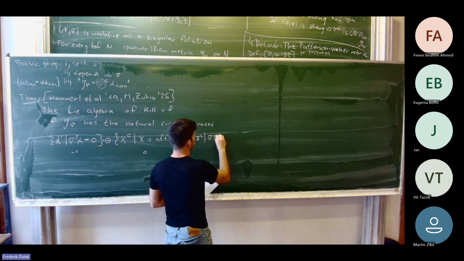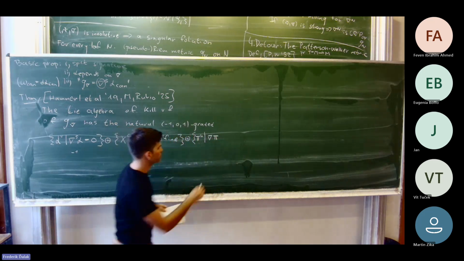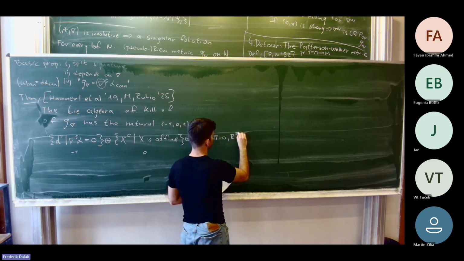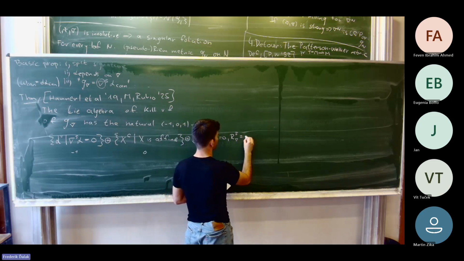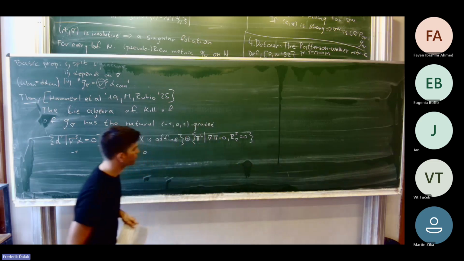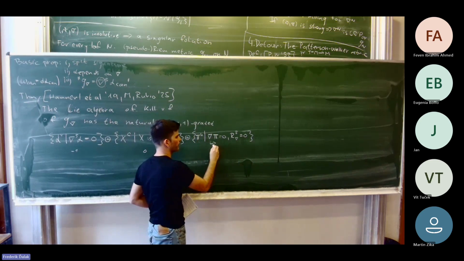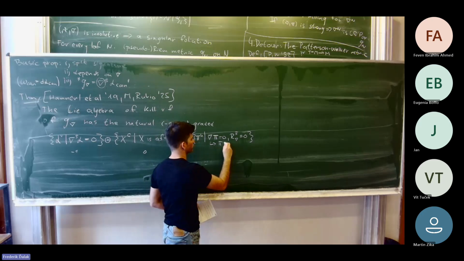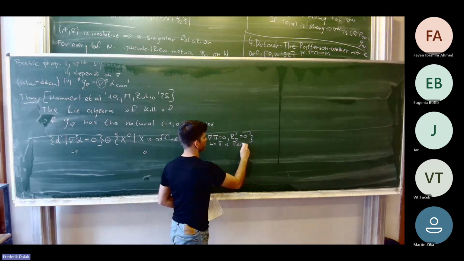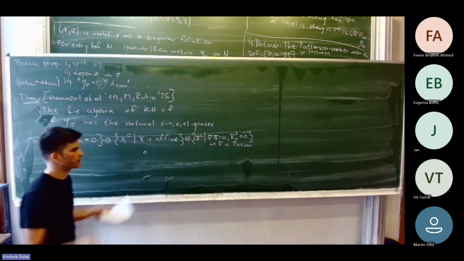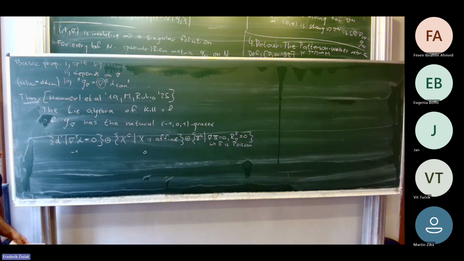Because these are skew-symmetric bivectors satisfying 2 conditions. I will not tell you precisely what the conditions are because it's not very important for this talk. But this means that phi is parallel, and this gives you that phi is a classical Poisson structure. And there's some condition on the curvature, depending on phi.